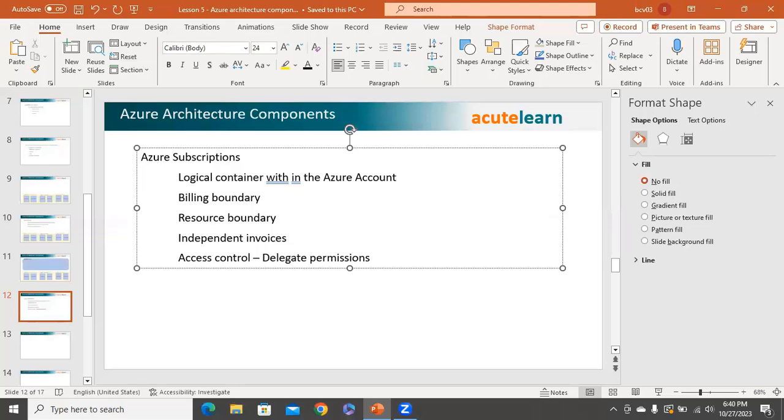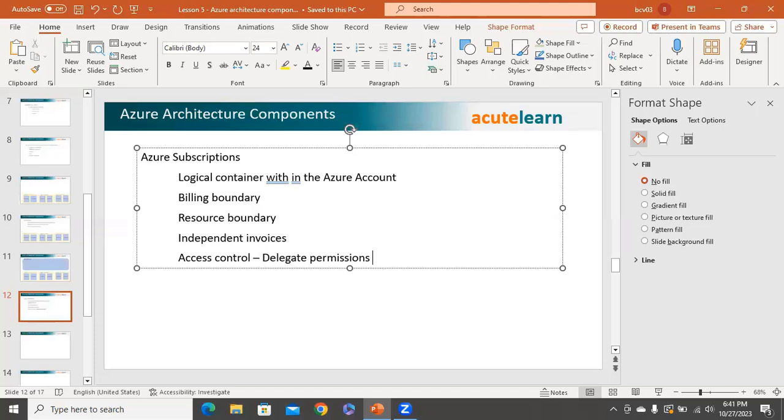We can have a separate subscription for testing, create all the resources, and provide permissions only to the set of people for the testing environment. And we can have a production subscription, and all the resources belonging to production can be kept under that subscription. We can have separate billing, and provide access only to specific people for production.